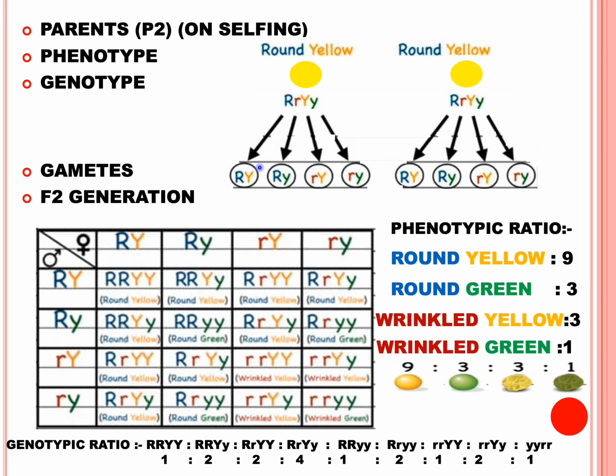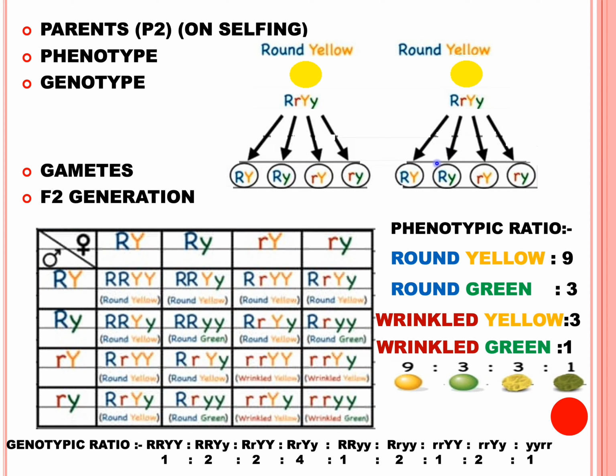This time four types of gametes were obtained. Some have the two genes or alleles as capital R, capital Y, some with capital R, small y, some with small r and capital Y, and some with small r and small y.